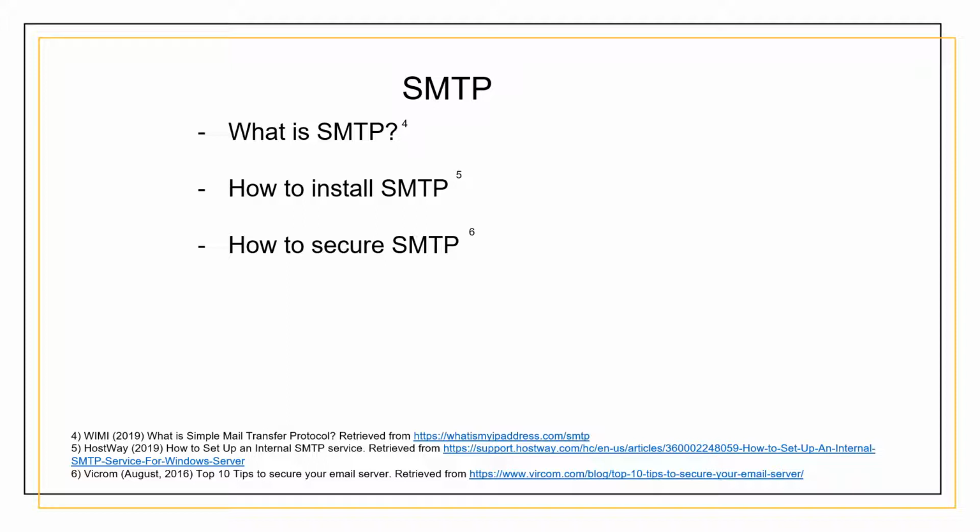So lastly, how do we secure SMTP? The best practice to secure your SMTP connection, I've said it before, is to require the use of SSL. For SMTP, this could pose the problem of non-SSL servers being able to reach your server or to send data to your server.